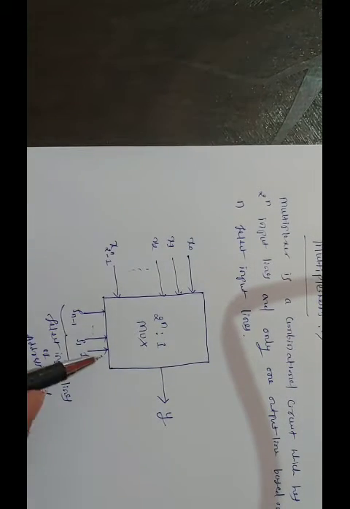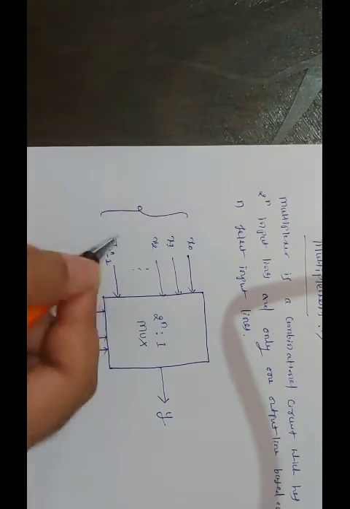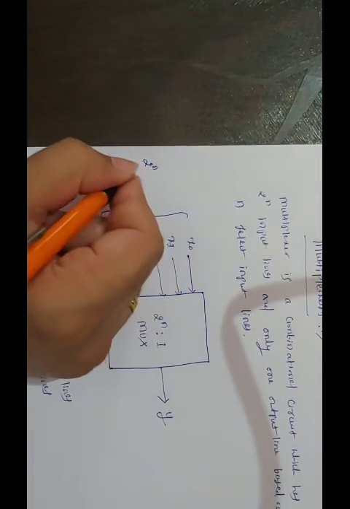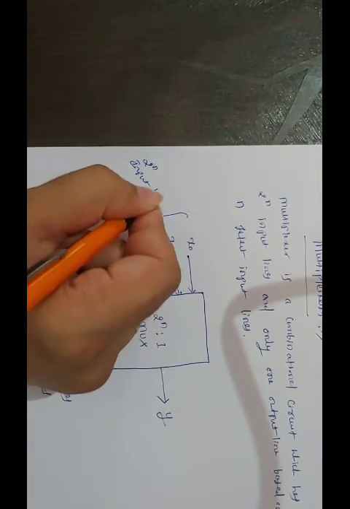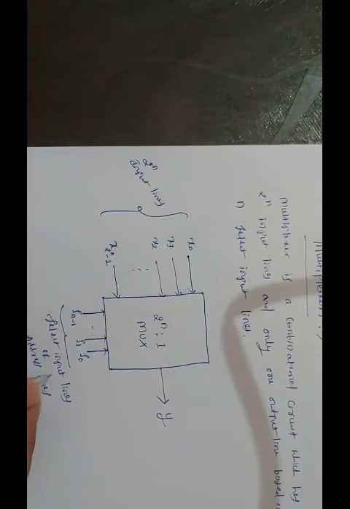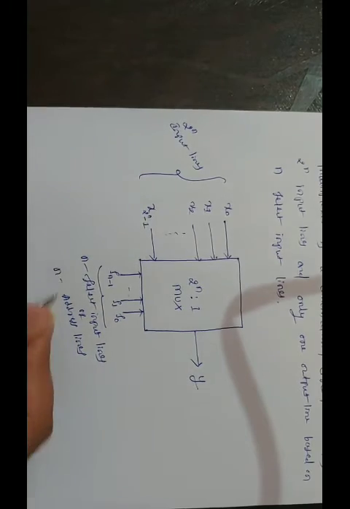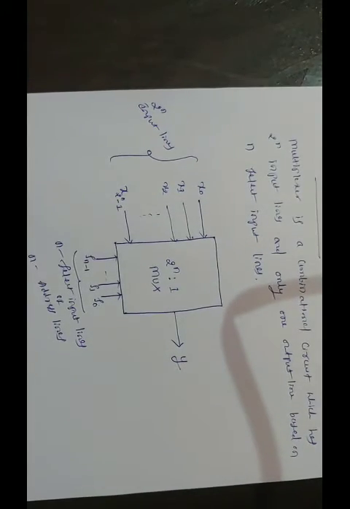So these are the 2 to the power n input lines, these are n select lines or n address lines, and this is the single output.